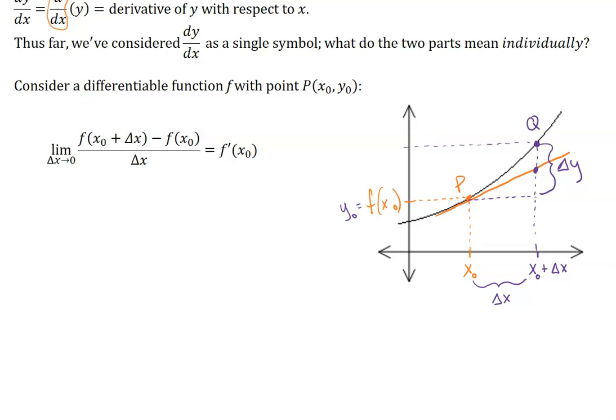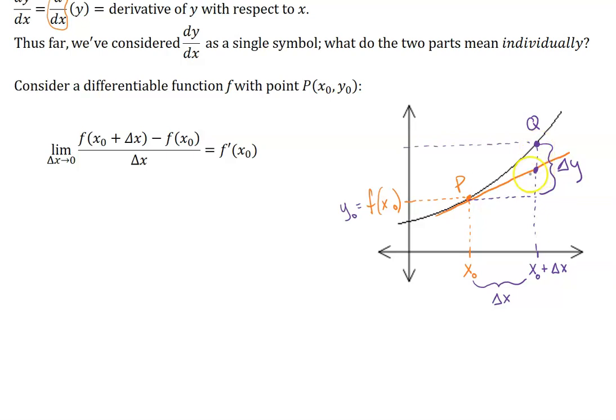And this will work as long as these two are fairly close together. When we talk about fairly close, what we're really saying is as long as this x coordinate is close enough to x sub 0, or in other words, as long as delta x is sufficiently small, then this point can be used to approximate point Q.